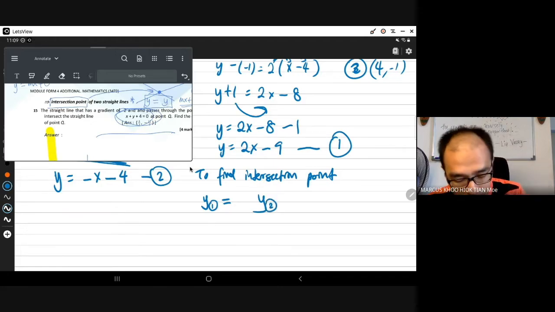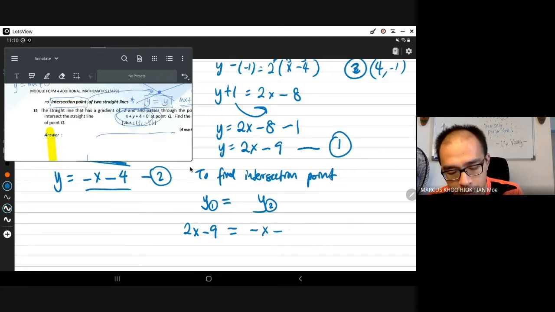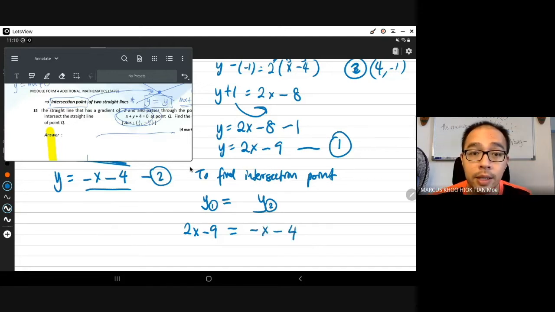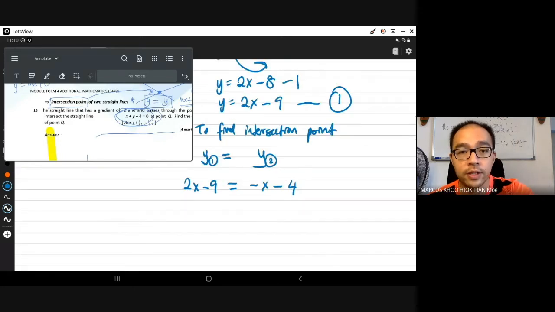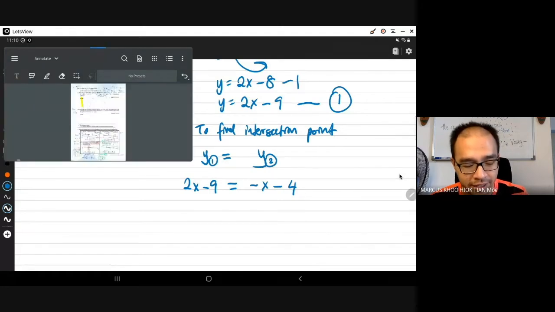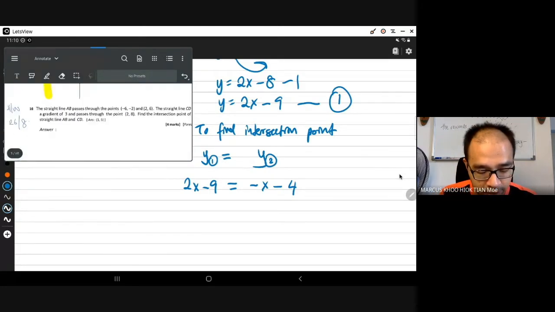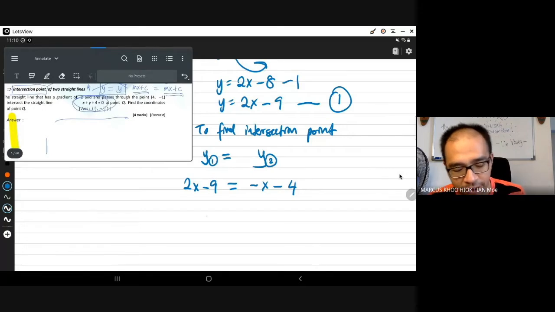The y from the first one is 2x minus 9, and the y from the second one is minus x minus 4. From here we can find the value of x. Can you try? What is the value of x? 5/3. The answer is actually given here, but okay, fine. So x equals to 5/3.